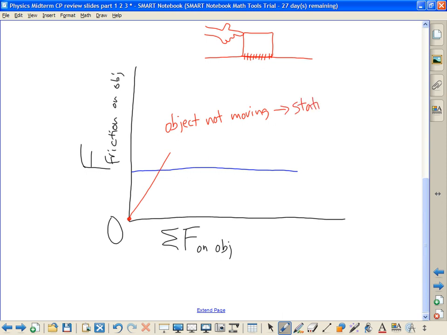Static as in not moving. And that gets greater and greater up to a certain point, at which point the object begins to move and static friction no longer exists. This is the maximum force of static friction.